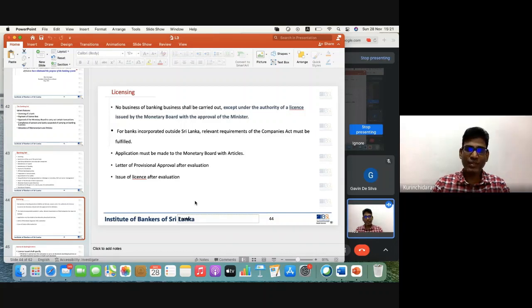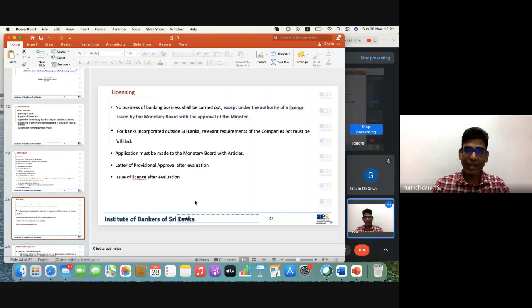If somebody is going to have a bank incorporated outside, then that should fulfill the Companies Act requirements. Anybody who is going to start a new bank should apply to the Monetary Board with the articles, and after evaluation, if the central bank is satisfied, you will get provisional approval, right?